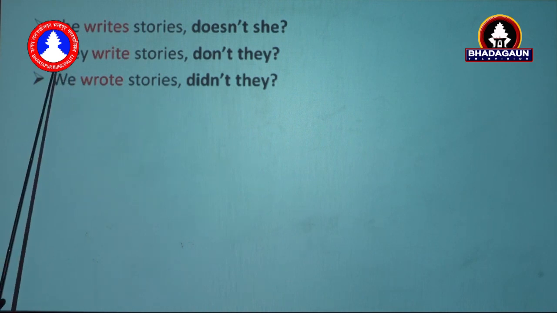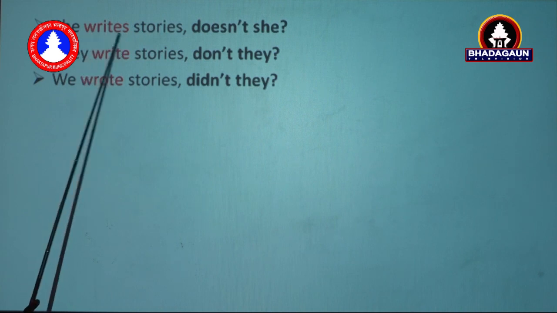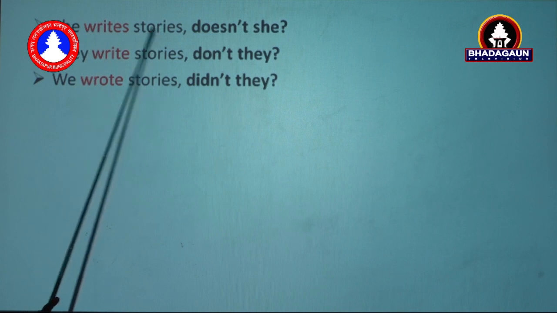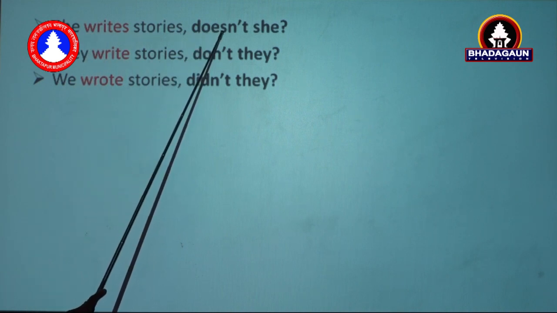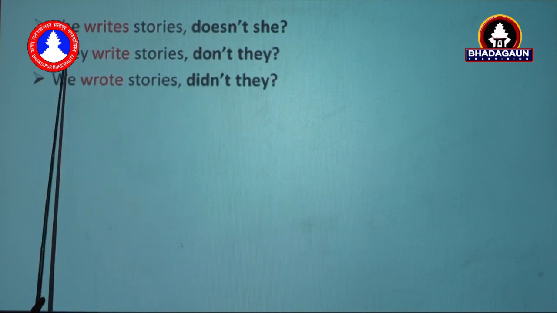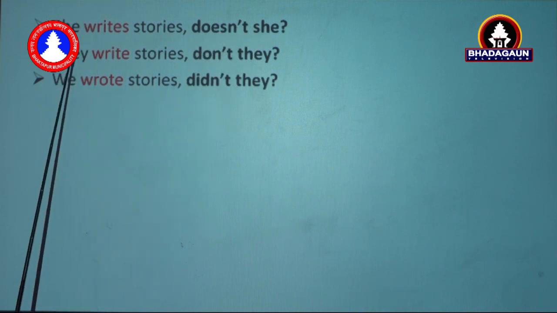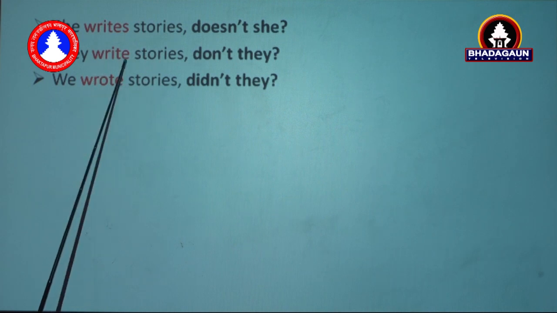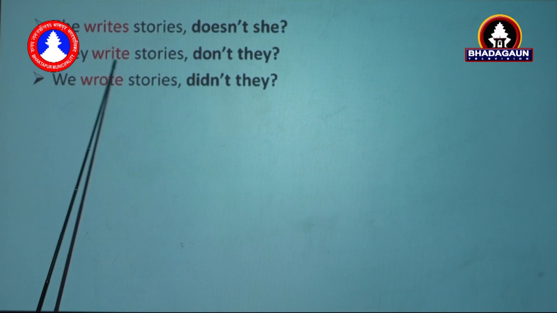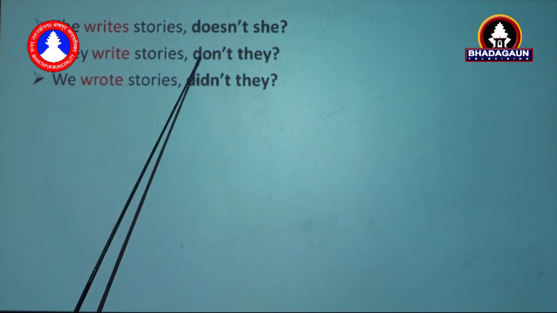So now, she writes, verb 5. She writes stories. Verb 5 is there. If verb 5 is there, we use the auxiliary verb does. So statement positive, tag negative. So doesn't, pronoun is she. They write stories. Write. This is verb 1. If verb 1 is present in the statements, we use the auxiliary do.